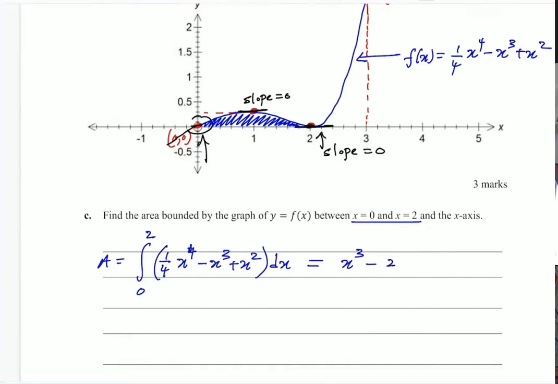Once you integrate, you get 1 divided by 4 times x^5 divided by 5, minus x^4 divided by 4, plus x^3 divided by 3, and you are applying 0 and 2 here. Once you do that, what is the answer you get?